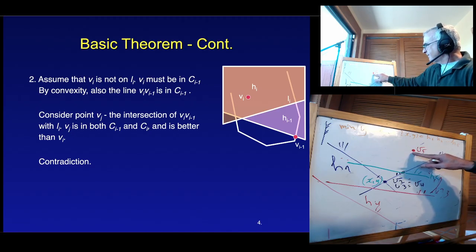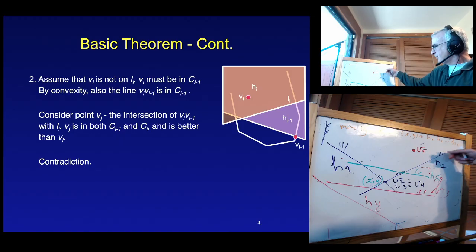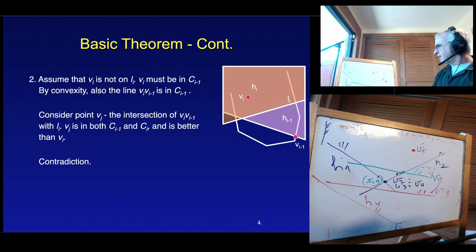So v_5 by definition must be inside H_1. It must be inside H_2, it must be inside H_3, all the half planes that I solved so far, because I said that it's the optimum solution to the i-th problem.